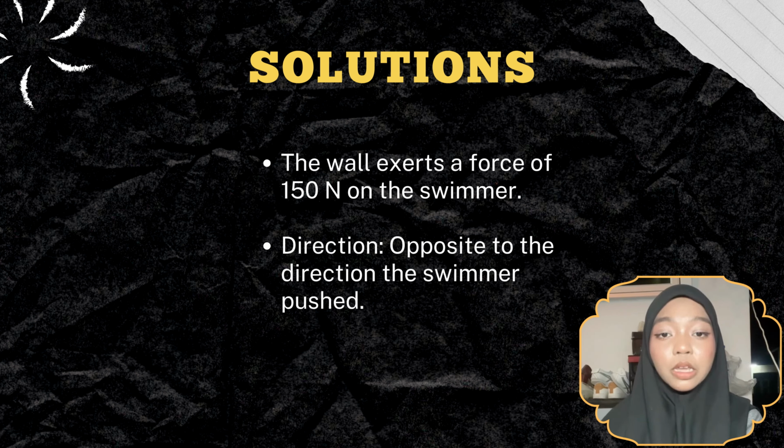So, if the swimmer pushes backward, the wall pushes them forward with the same amount of force. This reaction force is what propels the swimmer forward through the water. This example perfectly illustrates Newton's third law: forces always come in pairs that are equal in size but opposite in direction.